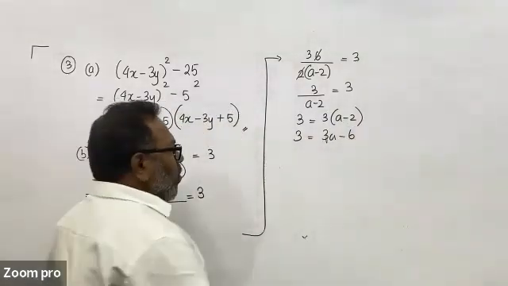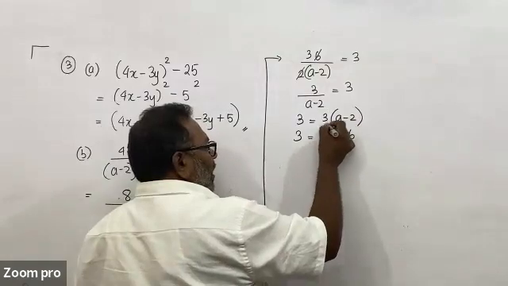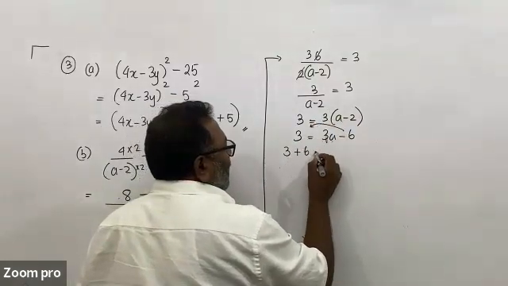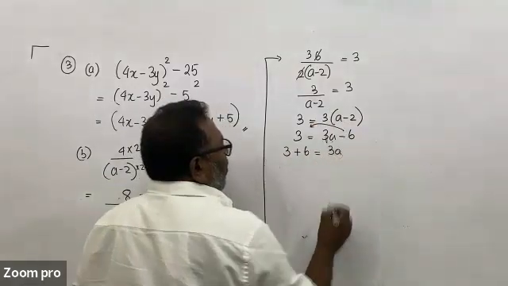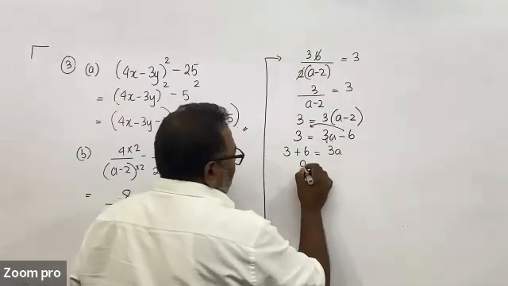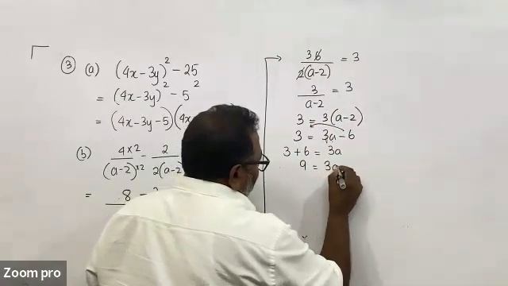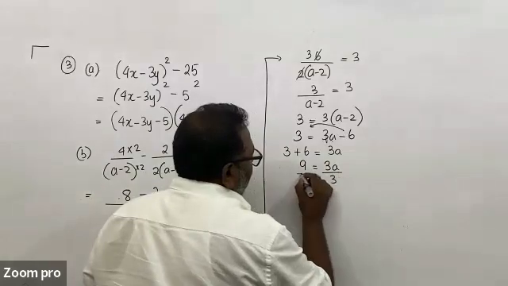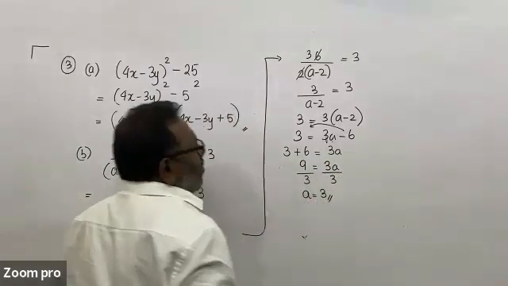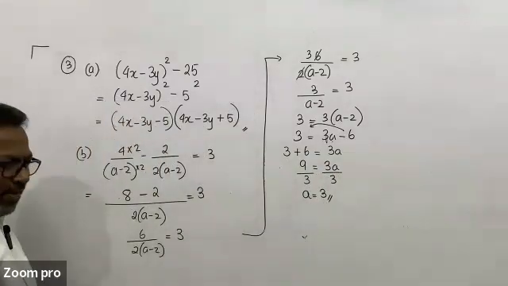Okay. Now to find out A, you take the minus 6 to this side. So 3 plus 6 is equal to 3A. So 3 plus 6 is 9, equal to 3A. Divide by 3, divide by 3. A is equal to 3. Okay.